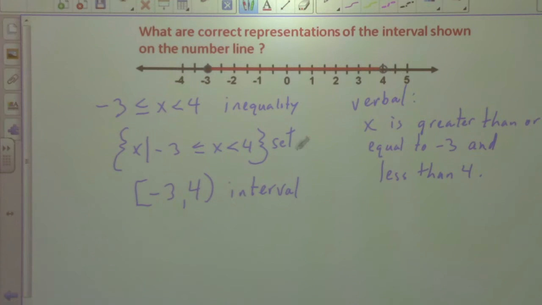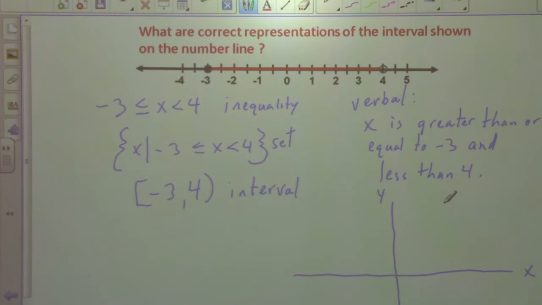Gabby says finite interval, and by the definition, this is a finite interval right here, because it doesn't have infinity as part of the deal. That's the type of interval. I'm talking about types of representation. The last one we're going to look at here is a 2D coordinate plane representation.